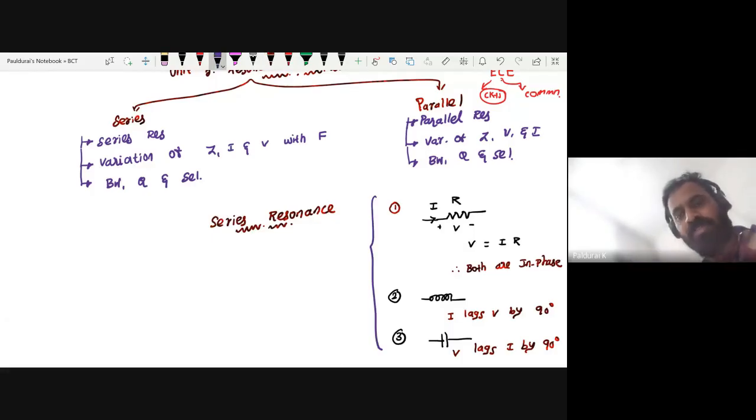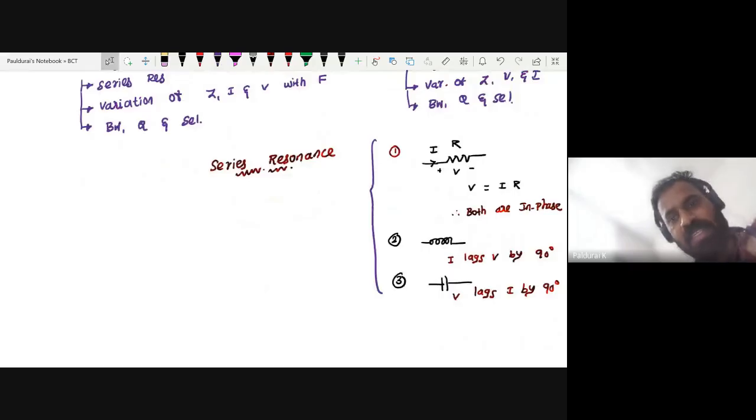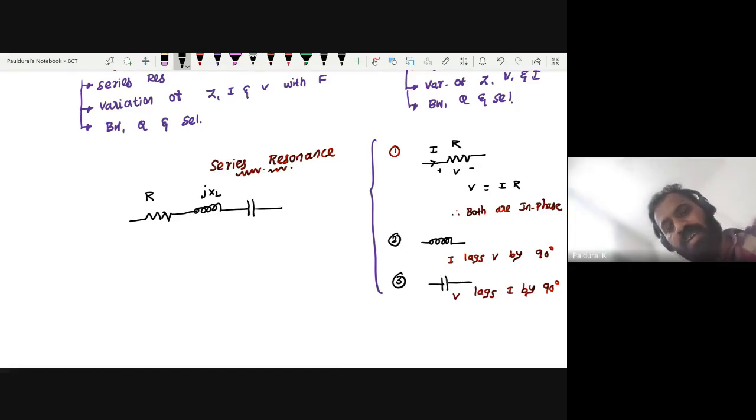Now my question: what do you mean by a series circuit? Connect all these things in series: first resistance R, then L, C. What is the impedance offered by the resistance? R. Reactance offered by the inductor is j XL. Reactance offered by the capacitor is 1 by j C omega, or XC.